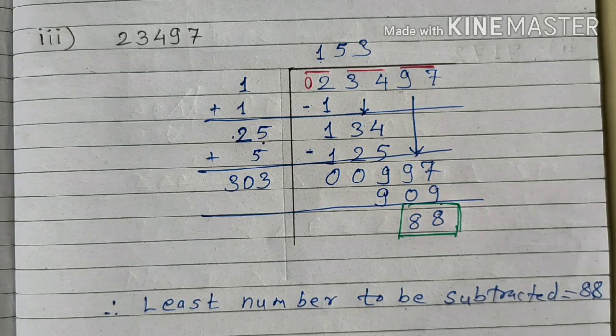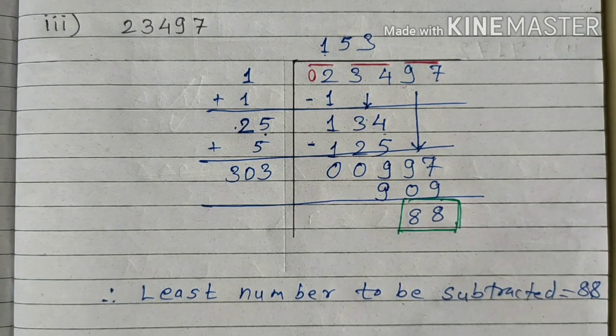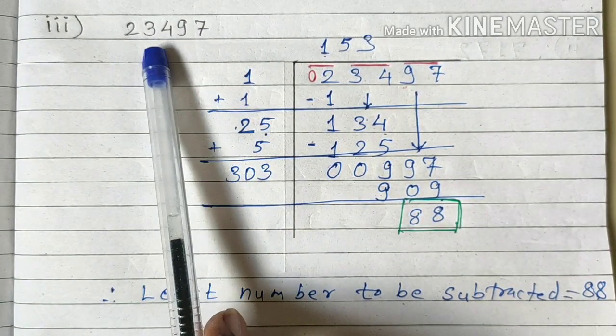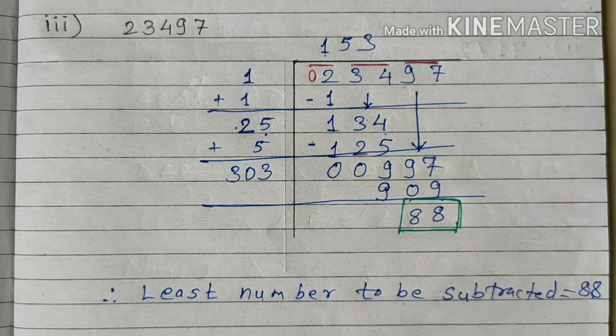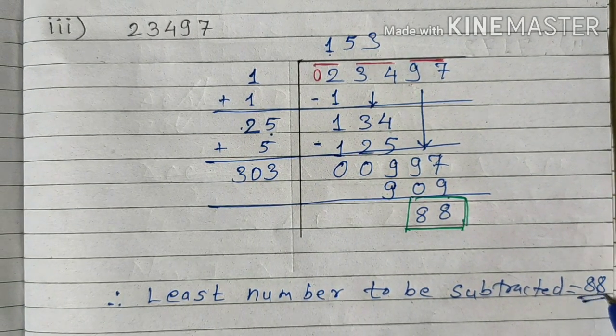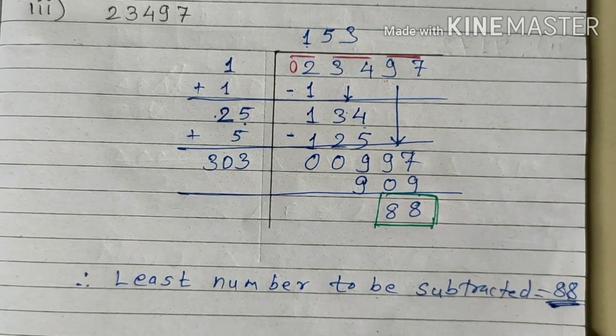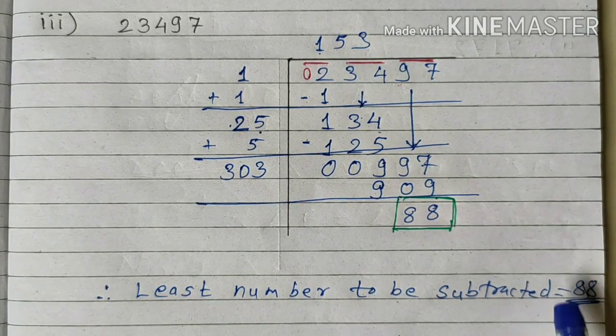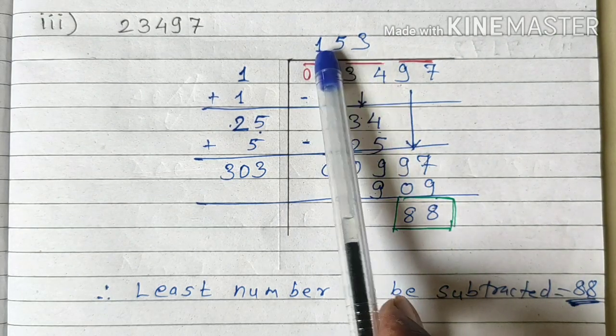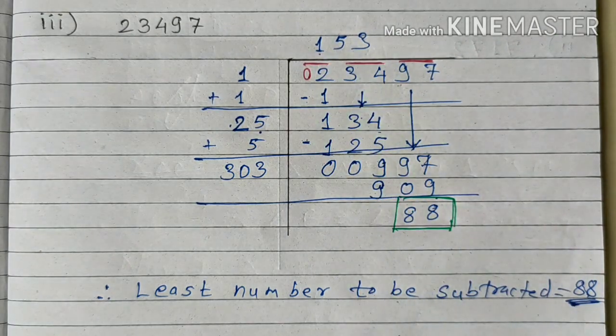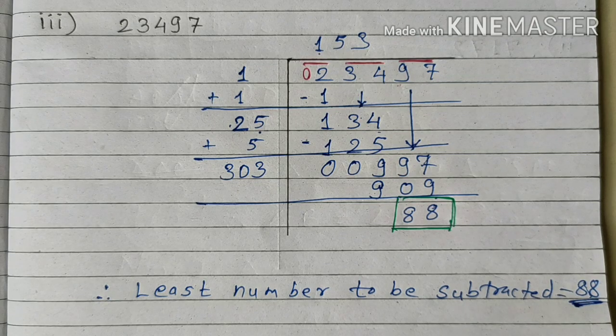Got it? It means from this number, if we subtract this 88, we get the new number, and that new number will be a perfect square of 153. So I hope all of you understood that.